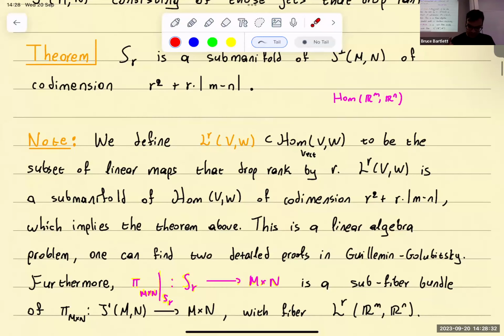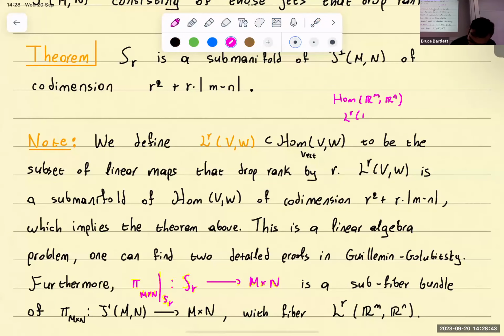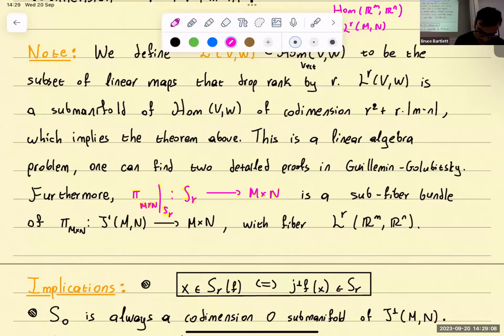Sorry, yeah, M and N are manifolds. So I couldn't actually write that. Well, I guess if you wanted, you could define something like that, but at least the way I defined the L^R, this wouldn't actually work, because their input is vector spaces.